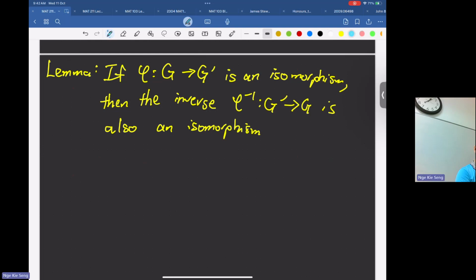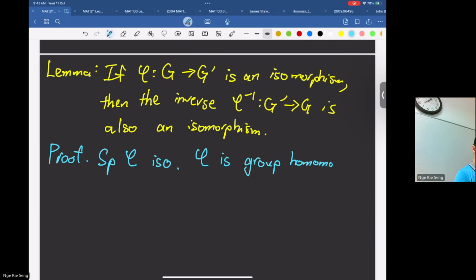Is it clear why this is true? If phi is an isomorphism, what does it mean? Definition. Yeah, so phi, first of all, is a group homomorphism. And it is bijective.